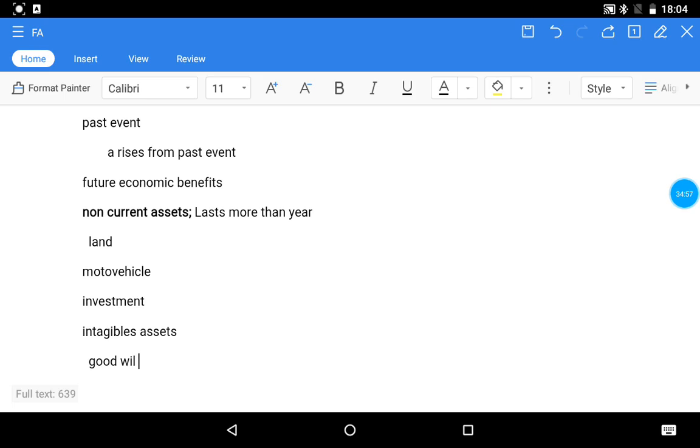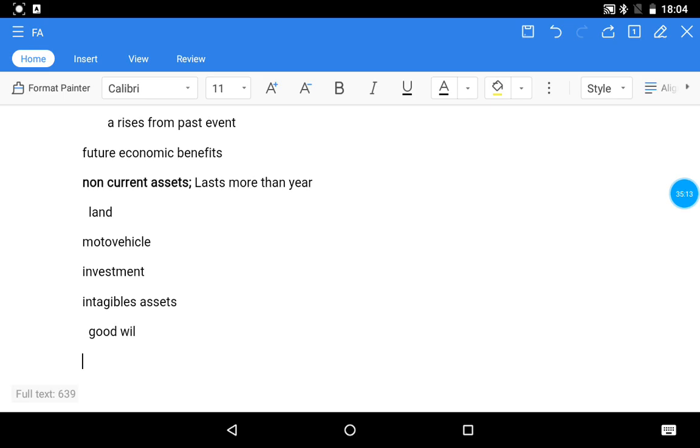Then we have brand name. This one is common in those big names. For example, Shell is a brand name.